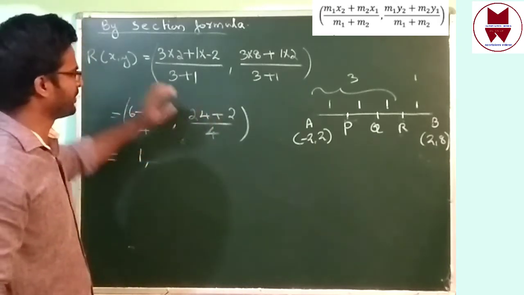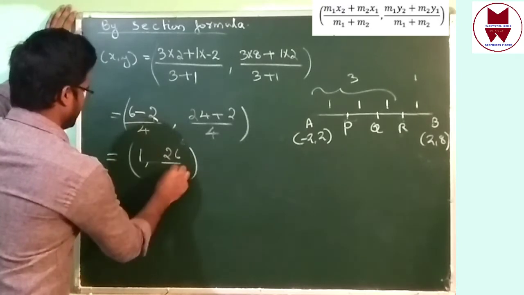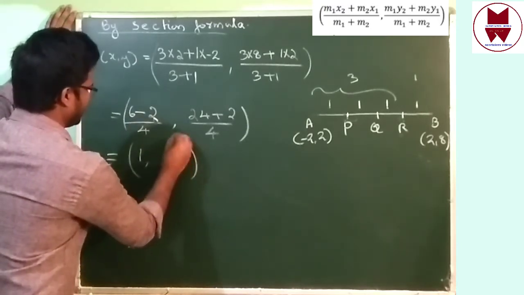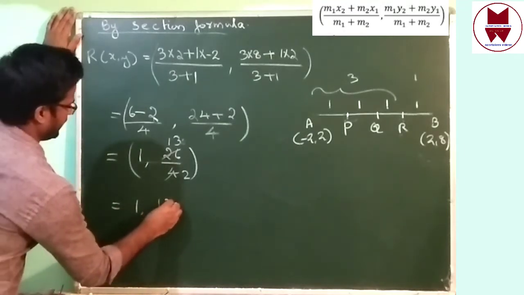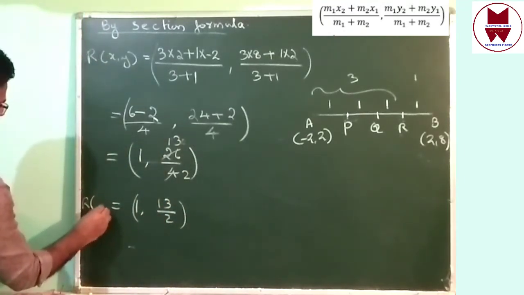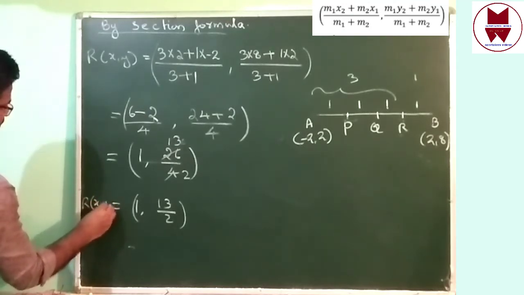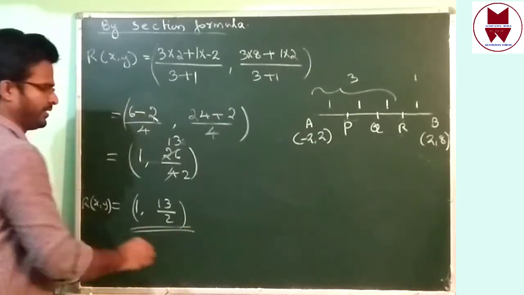Then 24 plus 2, 26 by 4. Simplify by 2: 1, 13 by 2. R means 1, 13 by 2. Those are the answers.